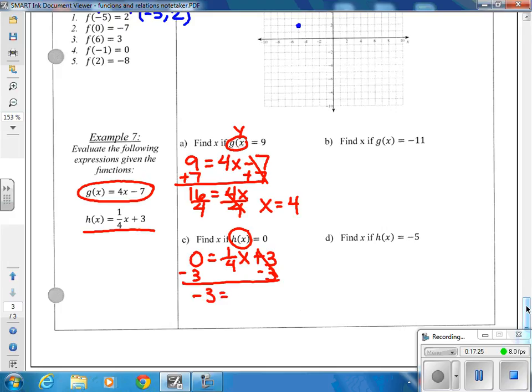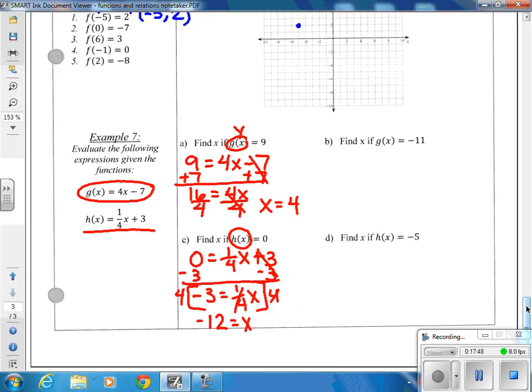You have -3 equals 1/4 x. To get rid of the fraction, multiply everybody by 4 on both sides. It cancels off your fraction, and now you're going to have -12 equals x. So for letter C, the x value is -12. But the y value that they gave us was 0. So you had to plug it into the right one and use it the right way.